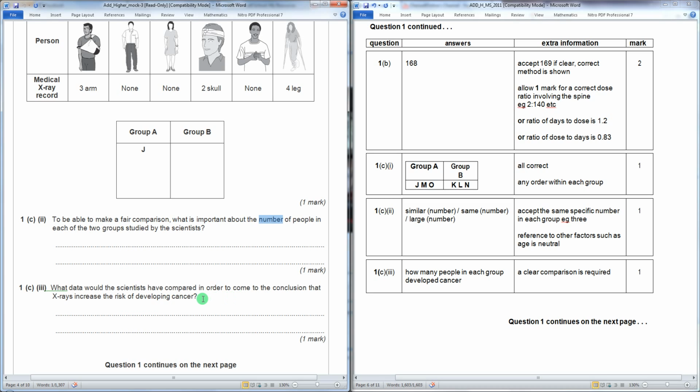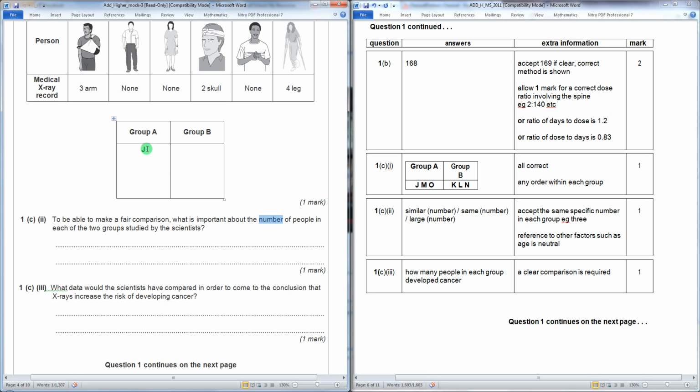What data would the scientists have compared in order to come to the conclusion that x-rays increase the risk of developing cancer? Well, again, it's perhaps almost too simple. All they're looking for is, do the people in one group develop cancer when the others don't? So how many people in each group developed cancer is all that they're after. And you need to make sure that you're talking about both groups here. Okay, you can't just say, did the people in group A develop cancer?